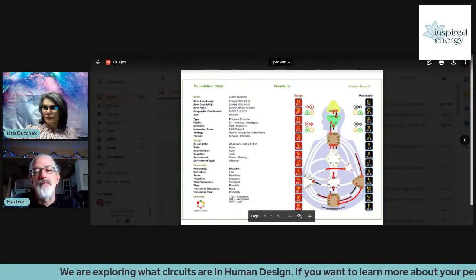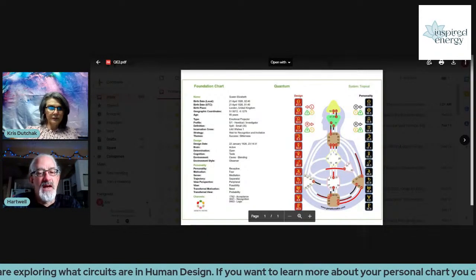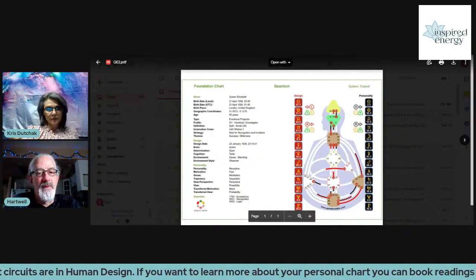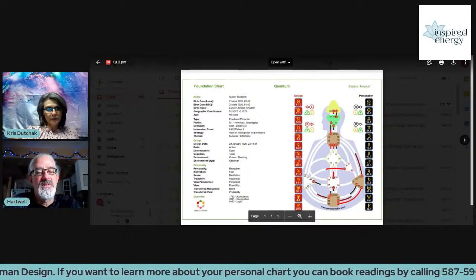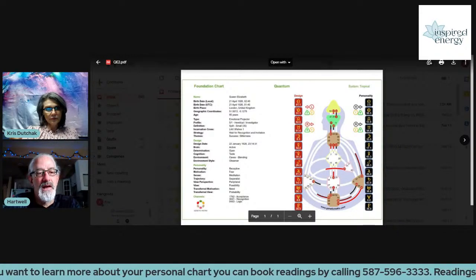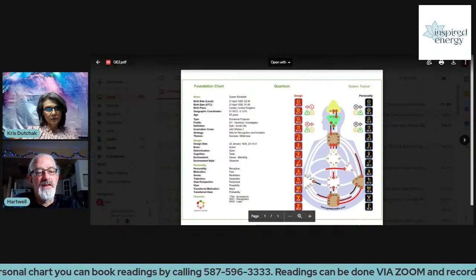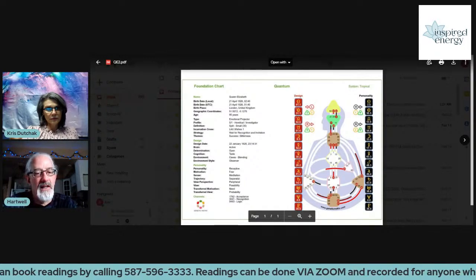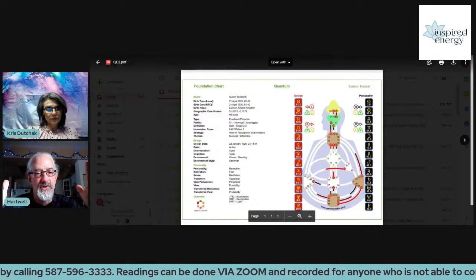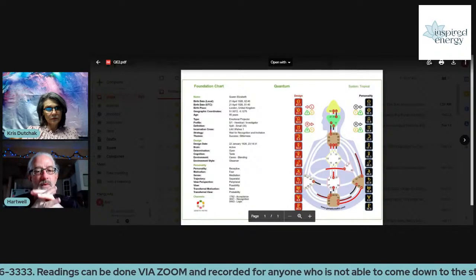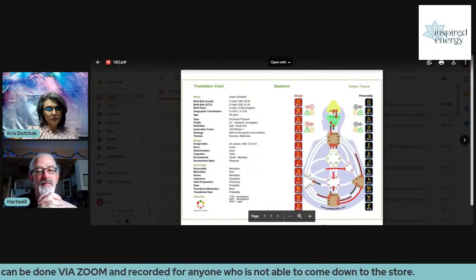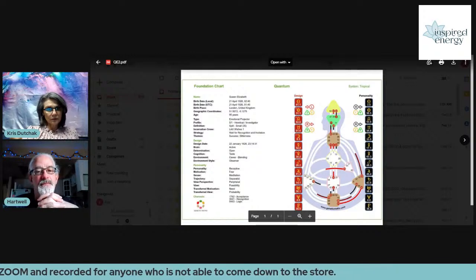If you look to the outside ones, like the ones that frame the body, on the outside of the three, you've got the individual in the middle, and on the outside you have the collective circuitry. So the entire body graph is framed by the collective circuitry.